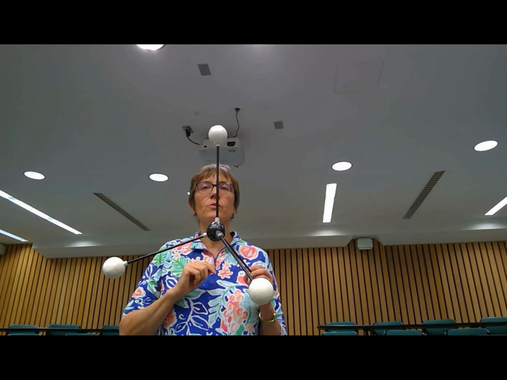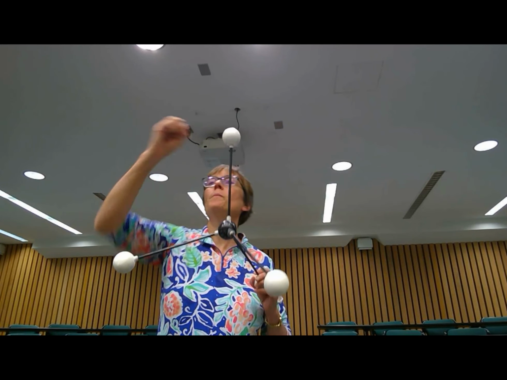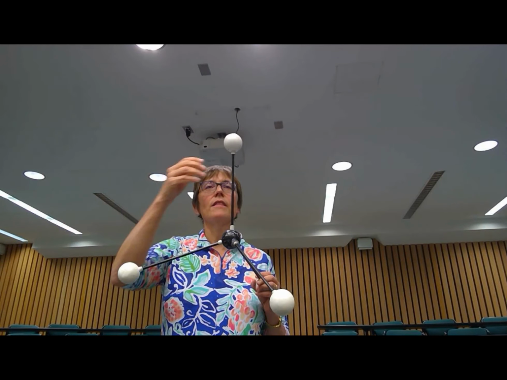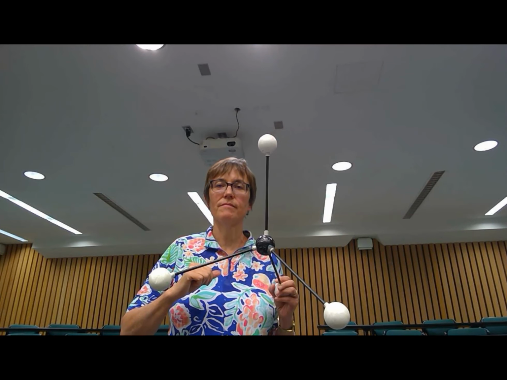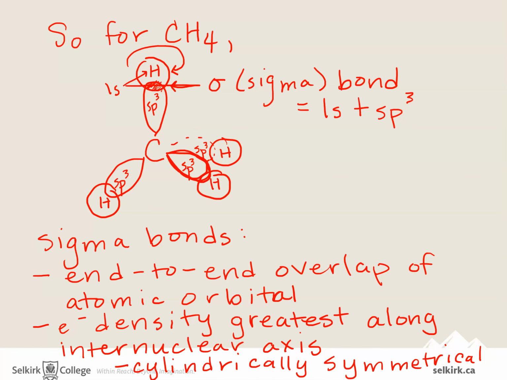The other thing I told you is that if I cut this bond in cross section and opened up the two halves, then it would look like a circle in cross section. All right, that's the story for methane.